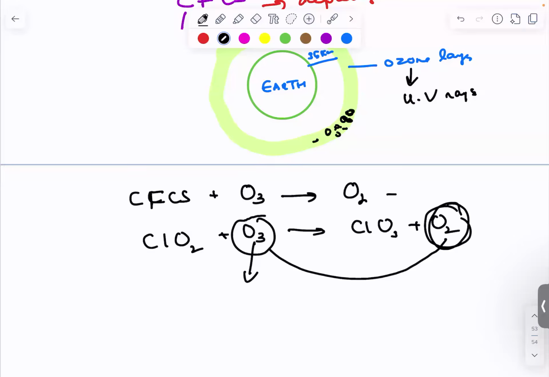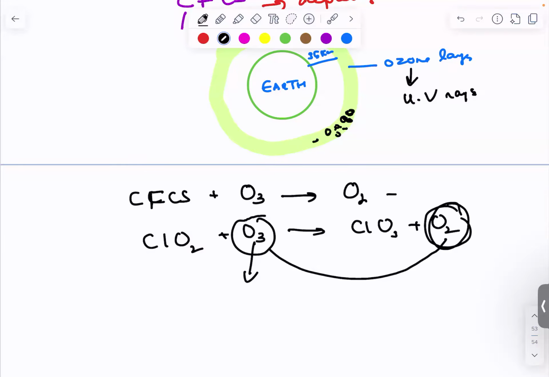Nowadays, chlorofluorocarbons were used in air conditioners and freezers, but now they have changed the reagent which was used in refrigerators and ACs. So now they are using eco-friendly reagents, and they are not being released in the atmosphere in a huge quantity. And now the ozone layer is no more depleted. So we need to confine the use of the chlorofluorocarbons.